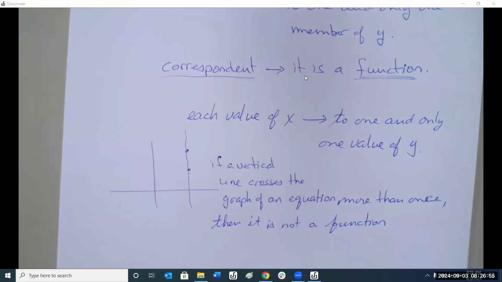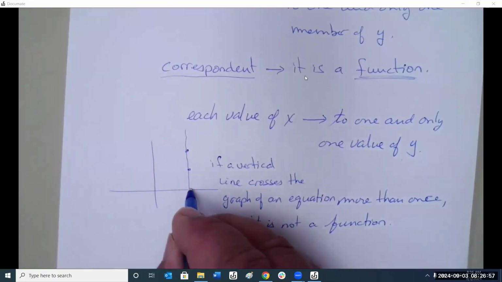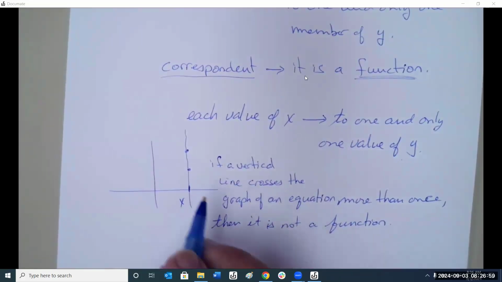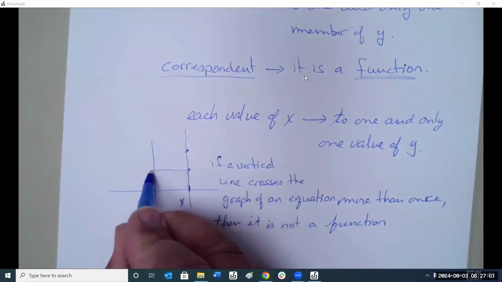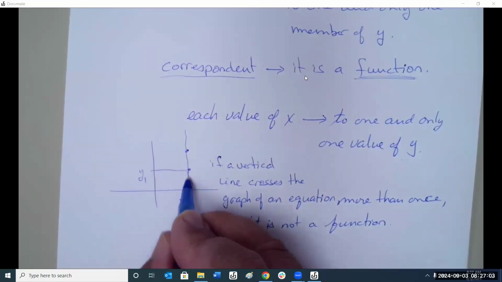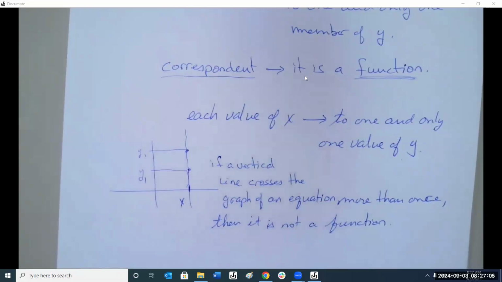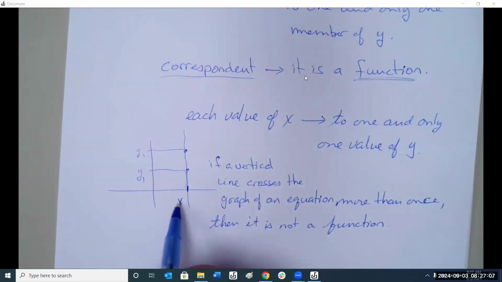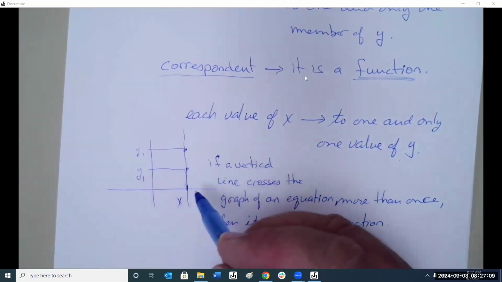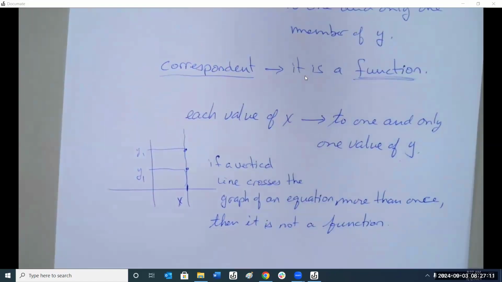Remember, it has to be a correspondence. For this x, it belongs to this y, and it also belongs to this y. So each x can only have one y that it goes to, to be a function. Since this one has more than one, it's not a function. It's not a correspondence.